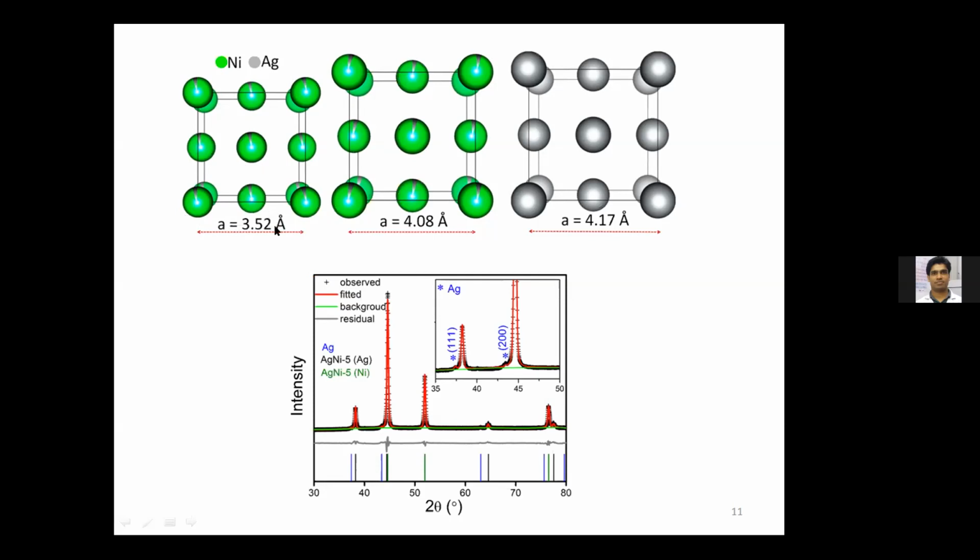We found that from the Rietveld analysis, along with a very minimal amount of metallic silver. To isolate and deconvolute these things, we need to do the Rietveld refinement. So now I go directly to the Rietveld refinement part.